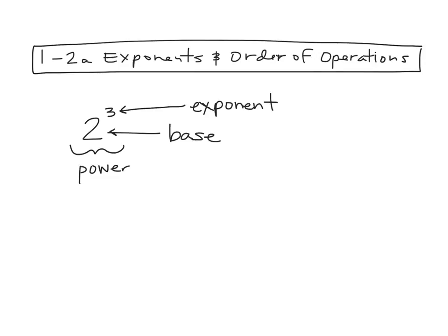Okay. And basically what happens is the exponent, and I'm going to write this out. You don't have to write this out if you don't need to, but I'm going to write it out for those of you that want the definition of it.